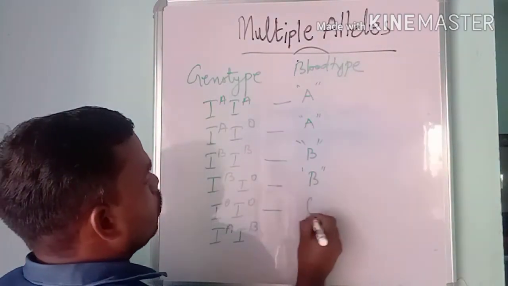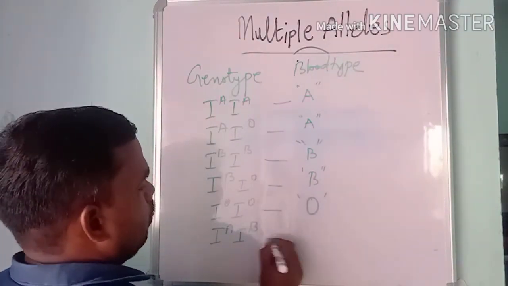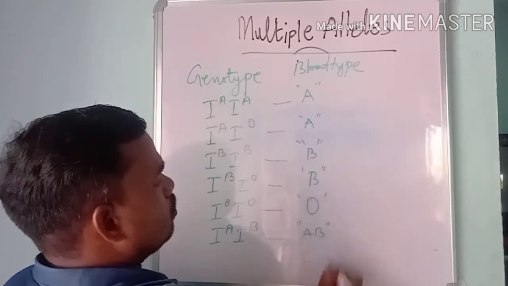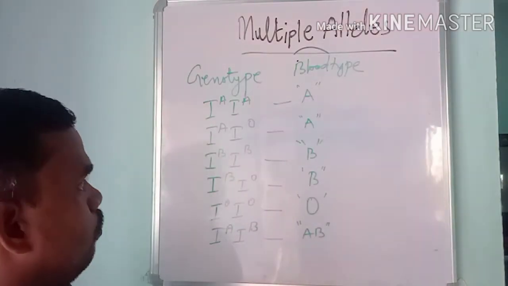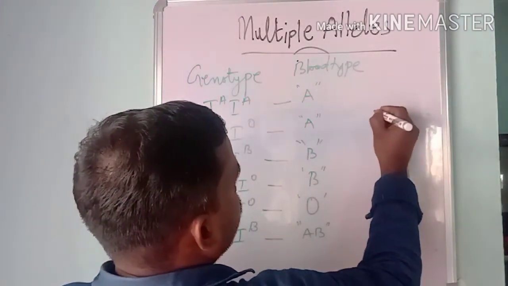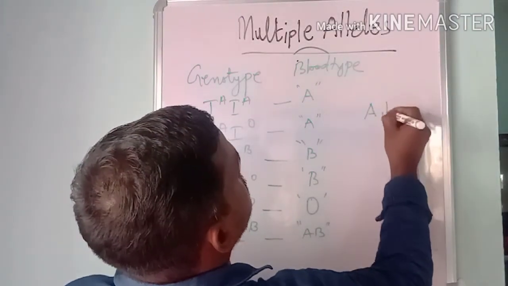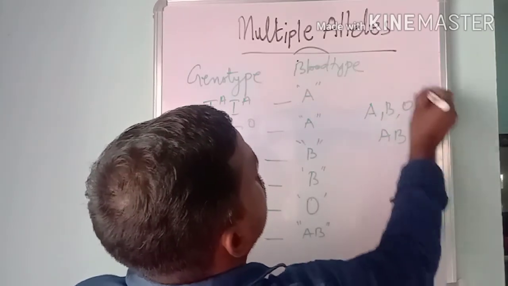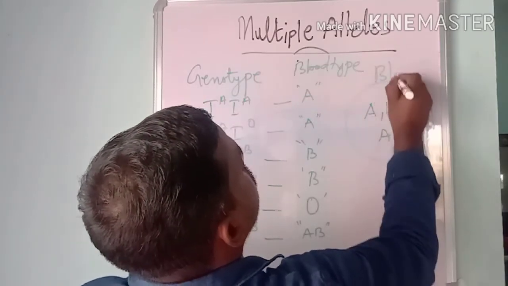And this is O, and this is AB. So we have four types of blood groups: A, B, O, and AB. These are our blood groups.